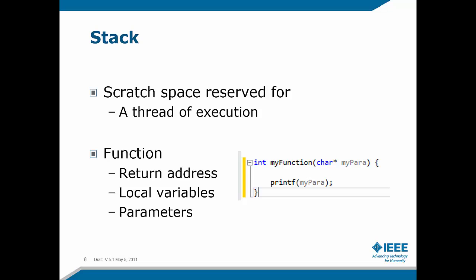For example, when you're executing a function, you need a temporary space to store information about the function while it is running. Some of the information you need to store about the function includes return address, local variables, and parameters. The return address is for the address of the code to be executed when the function is done executing.